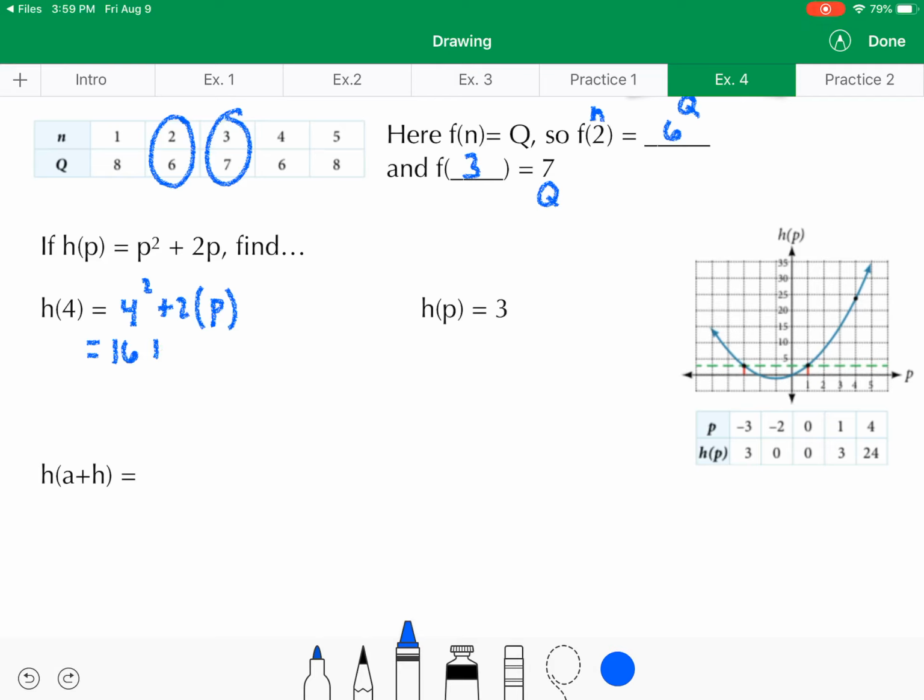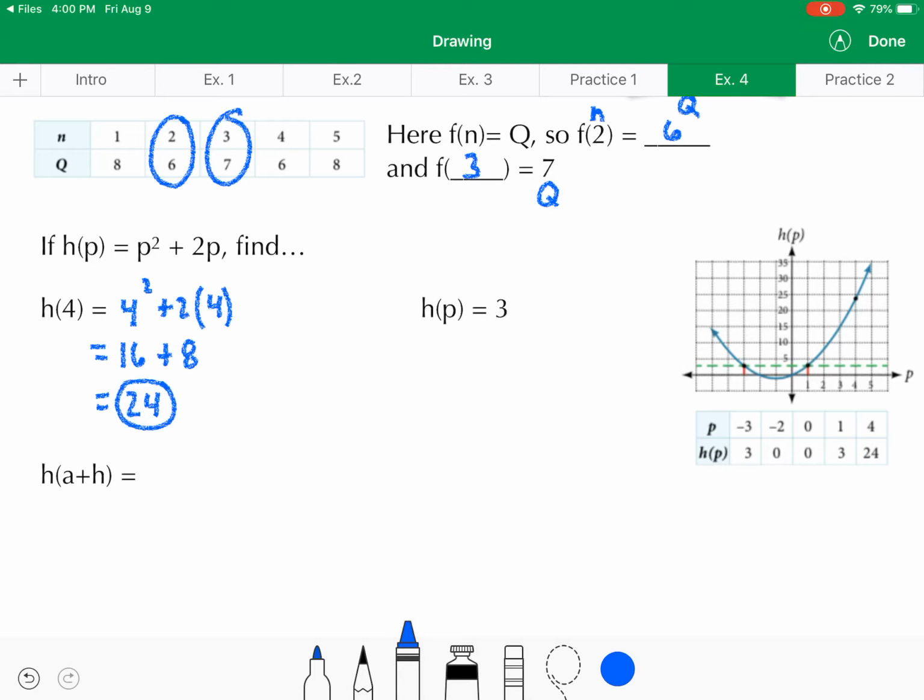Oops, let's back up, I didn't put a 4 in right there. So when you plug 4 in for p, you end up with 24 as your output value.